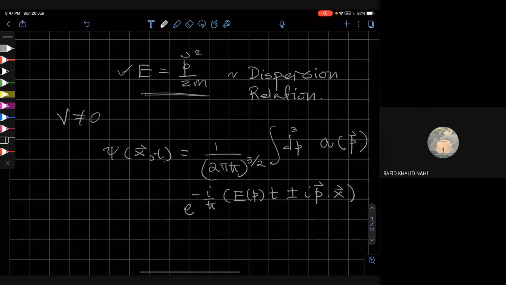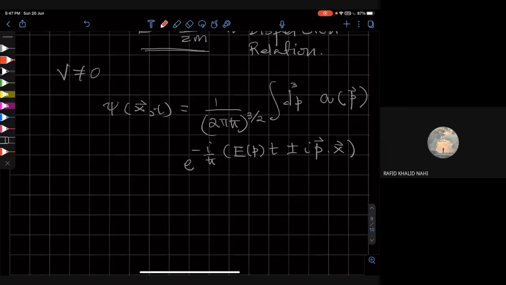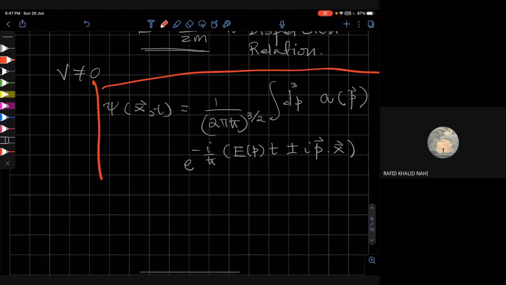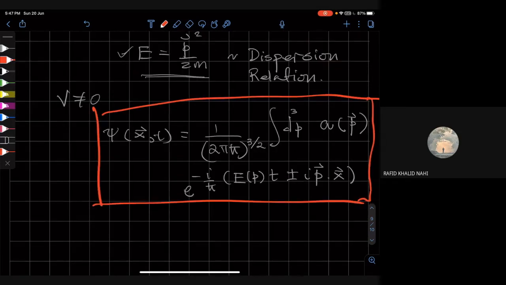This is the Fourier expansion. So because of the linearity of the Schrodinger equation, we can express any wave function as a Fourier series or a Fourier integral of the momentum eigenfunctions. Okay, is that clear?